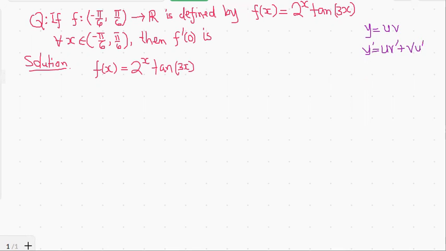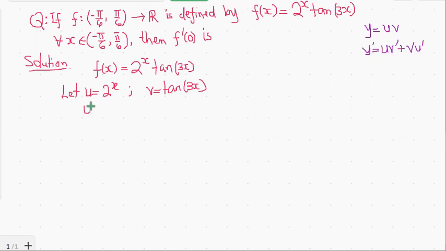So here we are going to differentiate both functions u and v with respect to x. So here I'm going to say let u be equal to the first function of x, which is 2 to the power of x, and v be equal to the next function of x, that is equal to tan 3x.